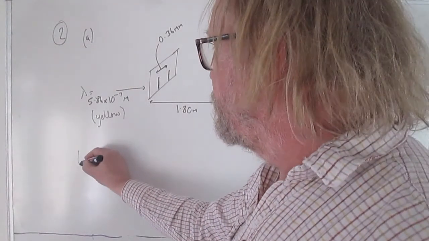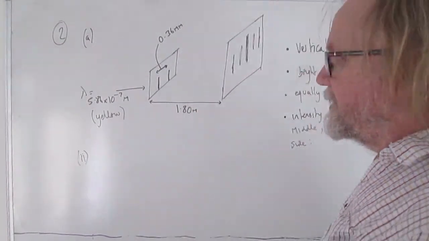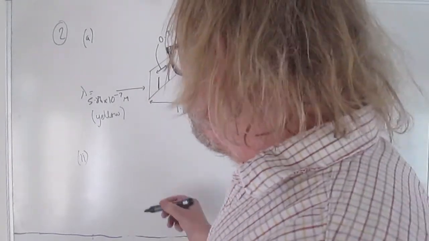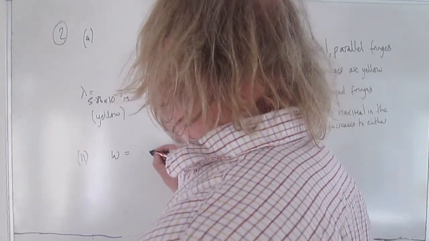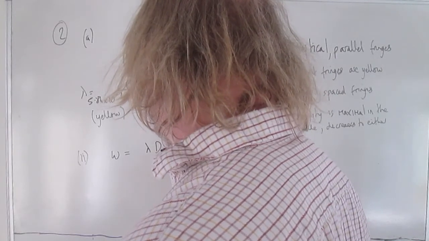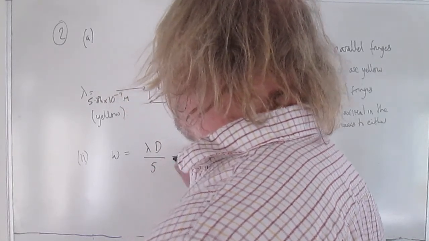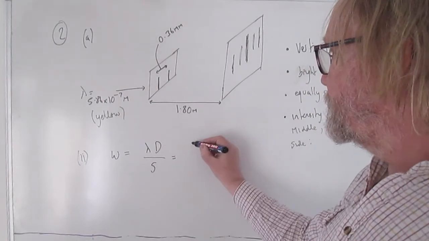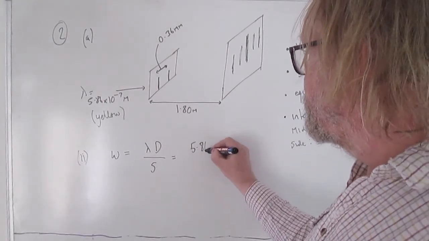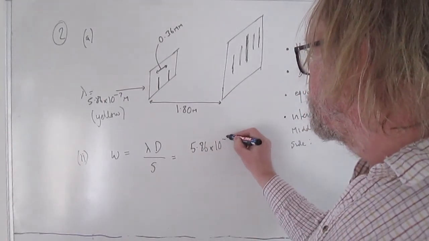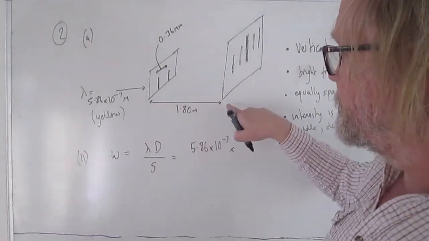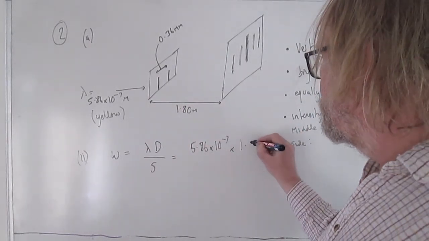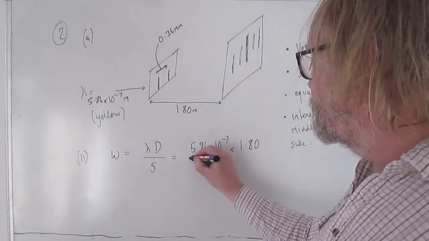Part 2 wants to know, first of all, what the separation of the fringes will be. So the separation of the fringes is W equals lambda D over S. So lambda is 5.86 times 10 to the minus 7 meters. D is this distance, the distance between the sources and the screen, so that's 1.80.